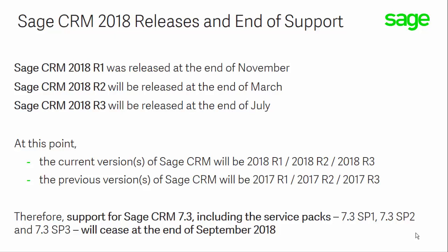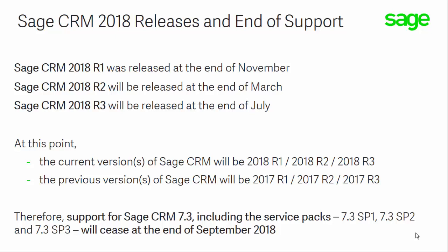And that means that the support for Sage CRM 7.3, including all of the service packs, SP1, SP2, SP3, will cease at the end of September 2018. So you just need to factor that in from a support perspective.